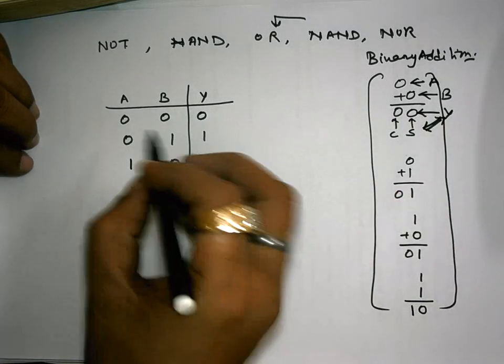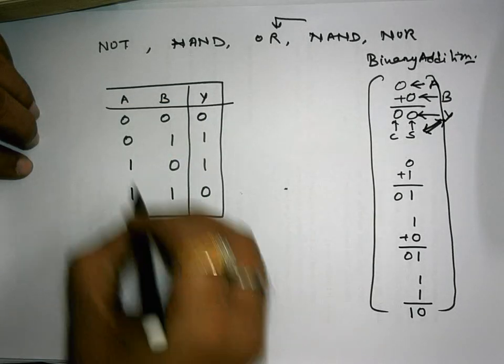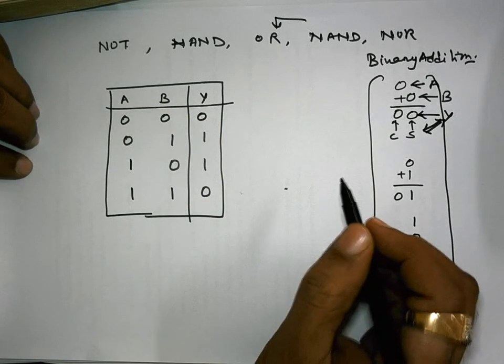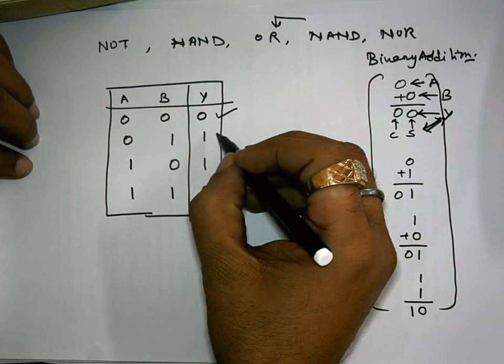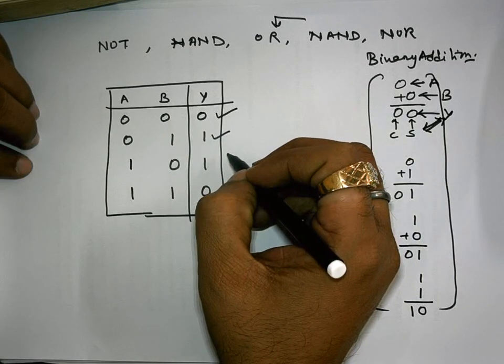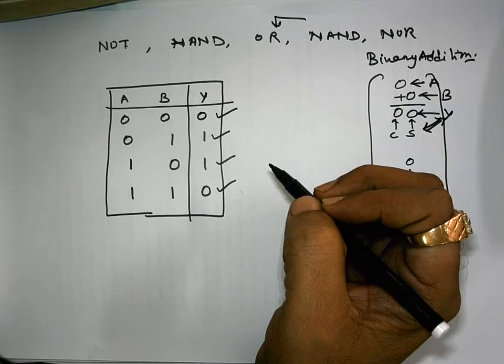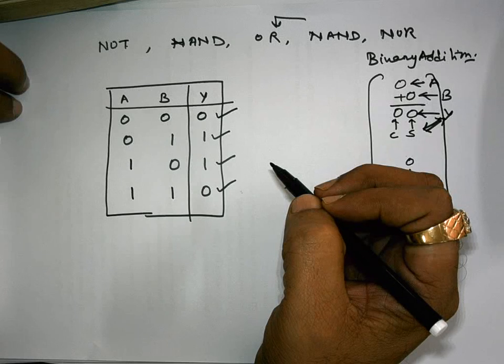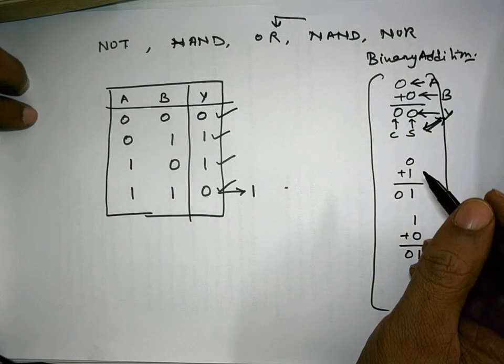So you need this kind of circuitry which shows behavior like this. On giving 0 0, it gives you 0 at the output. On giving 0 1, it gives 1 at the output. So this is quite different from the behavior of the OR gate. In an OR gate, you will obtain 1 for the input 1 1.